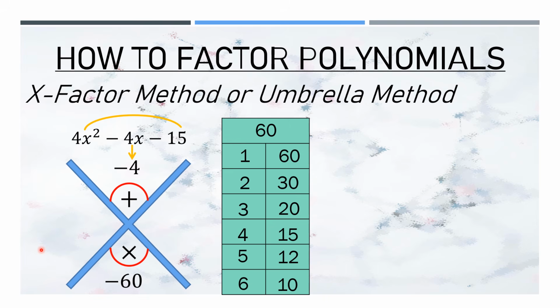Okay, alamin na natin ano yung dalawang numbers na kapag minultiply ay negative 60 at kapag pinag-plus or pinag-minus ay equal sa negative 4. Okay, kung mapapansin nyo sa given, ang last term ay negative 15. So, ibig sabihin, sa isang pares, dapat ang isang number ay negative.